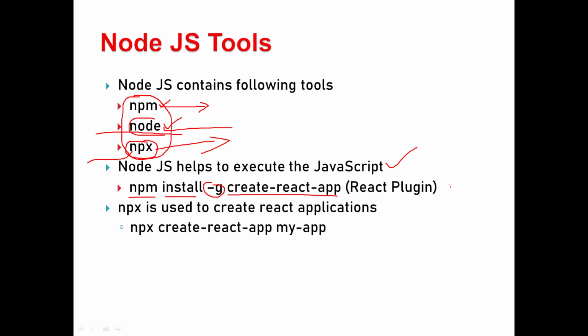This is called the React plugin here. Once we add this in the command prompt, this tool will be available, and npx will come. By using this plugin, I can create my React application here.